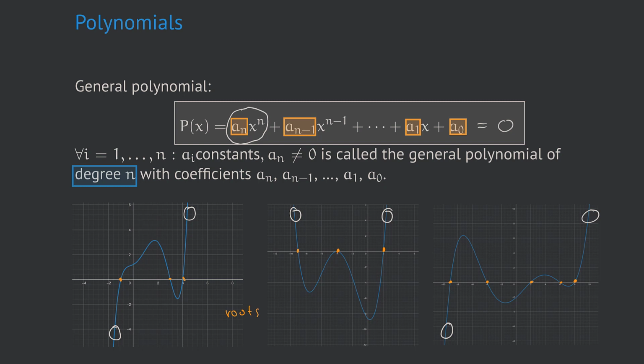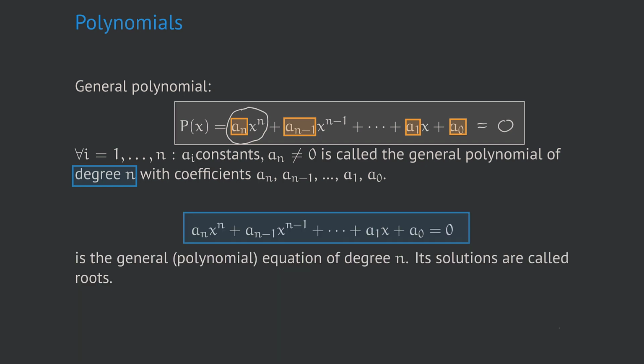So we set the polynomial equal to 0 and try to find all x which solve this equation. There are many methods and techniques of how to do that, and we will talk about some of them now. As I've just said, the equation in the blue box is called the general polynomial equation of degree n, and its solutions are called roots.